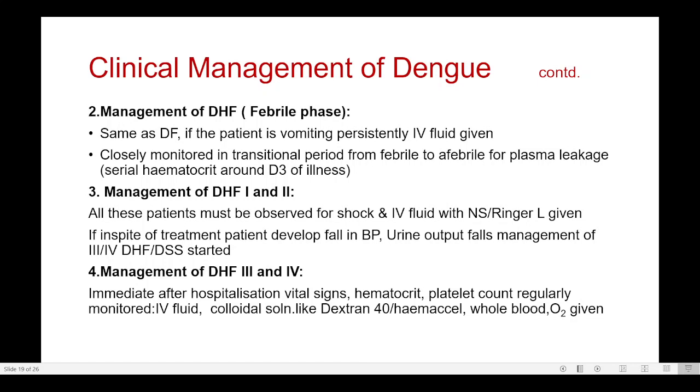So repeated hematocrit estimation is a must for management of dengue hemorrhagic fever. All these patients, grades 1 and 2, must be observed for shock, and IV fluid with crystalloid, that means normal saline or Ringer's lactate, is given.